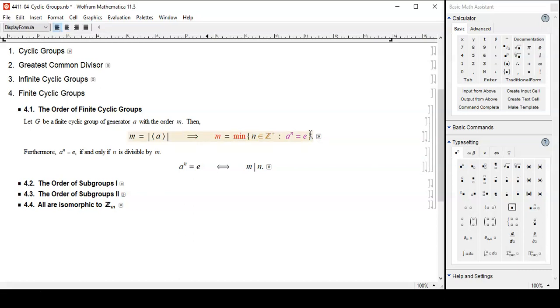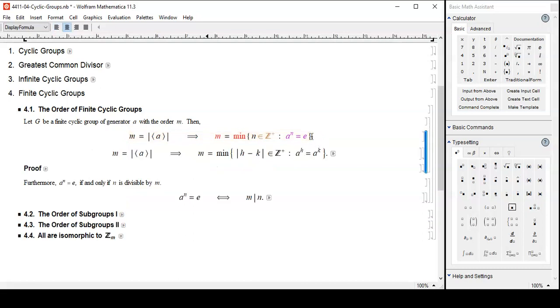But before that, let's make another observation. This one here is actually equivalent to this one down here. What's this all about? Instead of a to the nth power is equal to e, I can separate that a to the nth power into two parts, so that a to the h power is equal to a to the k power.